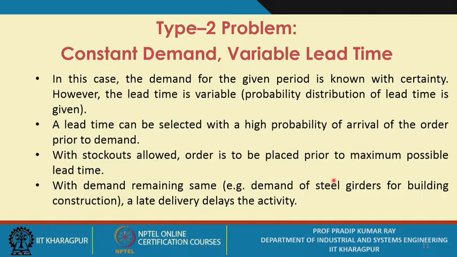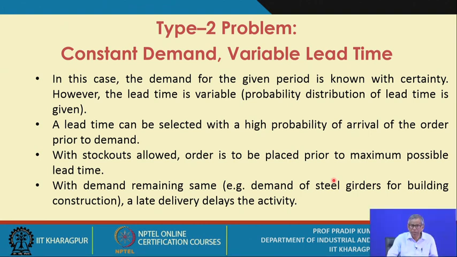Now, just before I close, I will just refer to the type 2 problem. As already we have mentioned, the type 2 problem is a situation where there is constant demand, demand does not change, it is known with certainty, whereas the lead time is a variable.